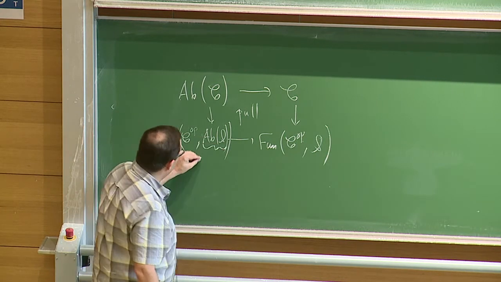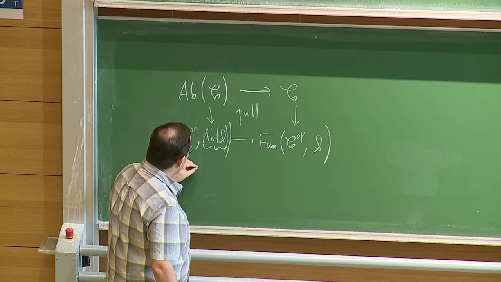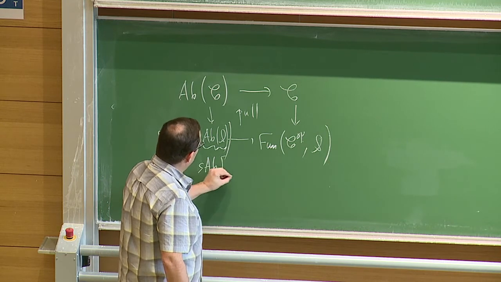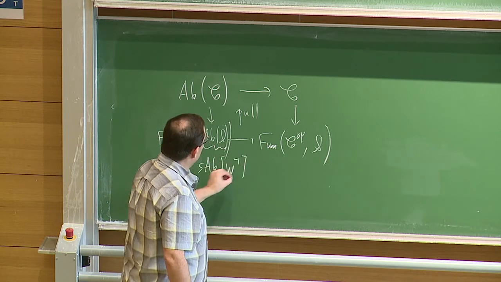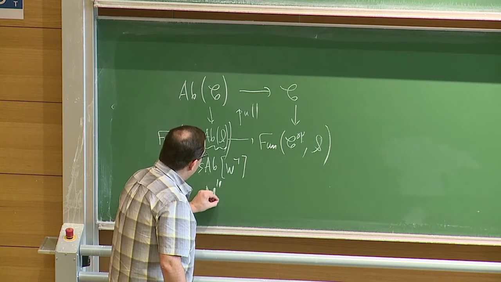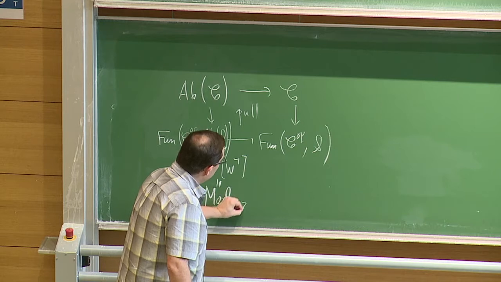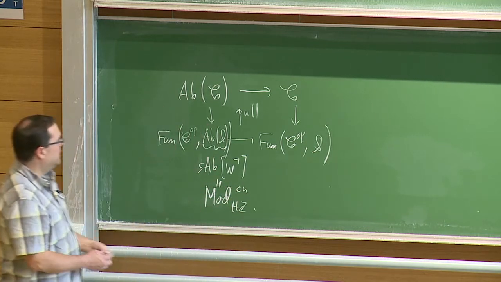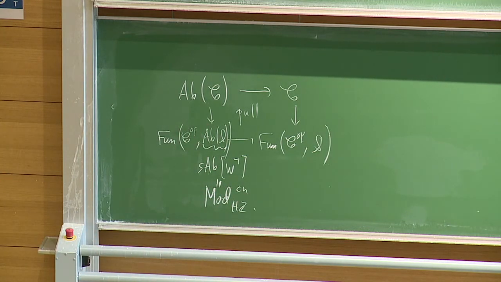This is defined to be the category of simplicial abelian groups with the weak equivalences inverted, or if you prefer, connective HZ-modules, instead of connective spectra, which would be the group-like E-infinity version of this.